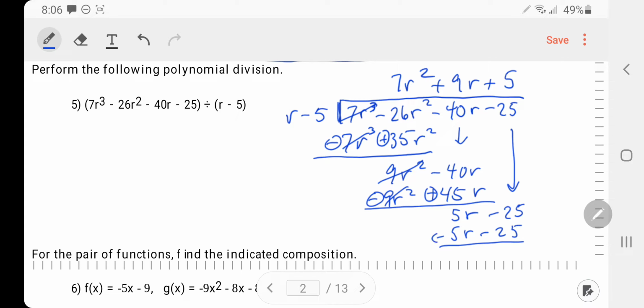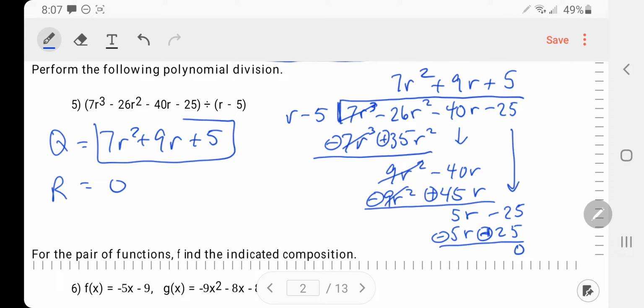Draw the line, change the sign, and then combine. And so we get a quotient of, let's just write it like this, the quotient is 7r squared plus 9r plus 5 and a remainder of 0. And that should suffice for doing the long division.